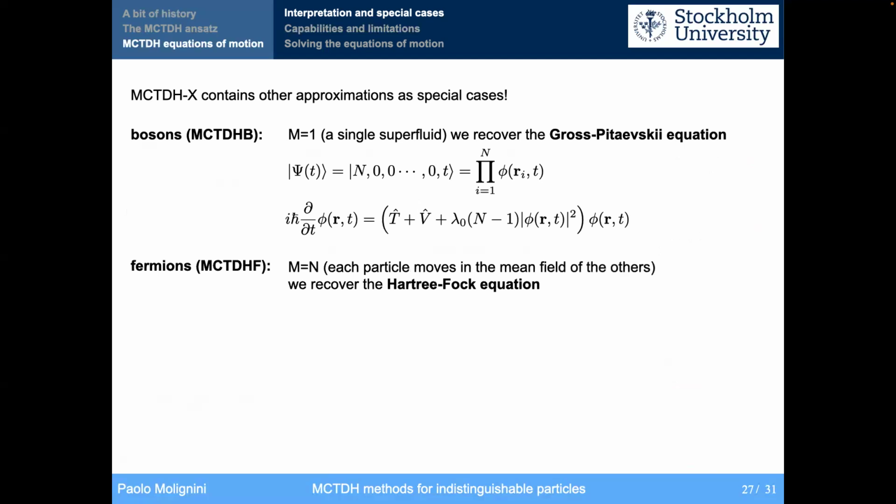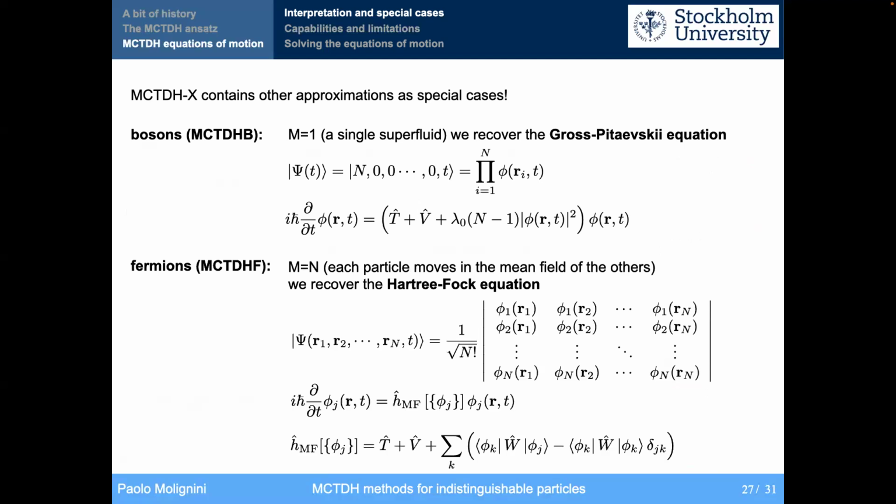And for fermions, if we have exactly N orbitals, so the number of orbitals equals the number of particles, then we can capture this as a mean field theory in which every particle moves in the mean field of all the other particles. This is equivalent to the Hartree-Fock equation, where you have your many-body state as a single Slater determinant.